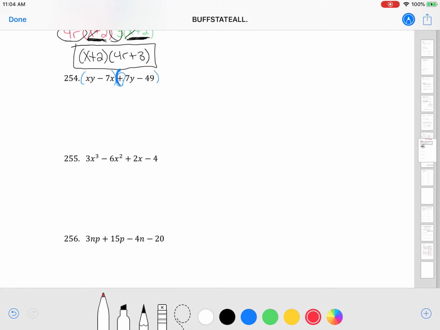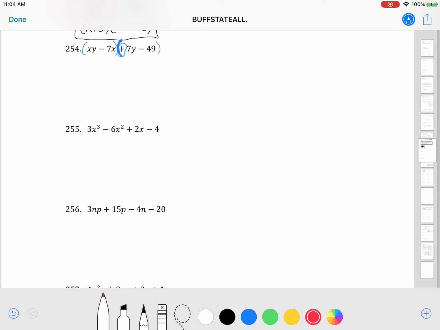All right, now I'm going to do exactly what I did before, and I'm going to GCF my first group, GCF my second group. So I start with my first group, x, y, and negative 7x. The GCF between those is x, so I'm going to divide each of them by x, and then I bring that x down. And now I follow up with my division. X divided by x cancels, which leaves me with a y, and these x's cancel and just leave me with a minus 7.